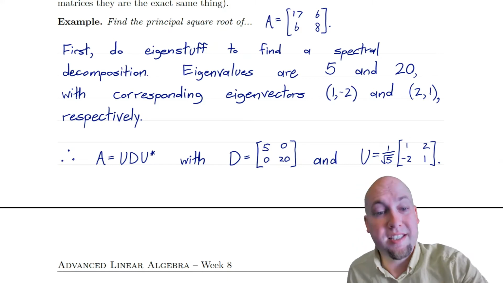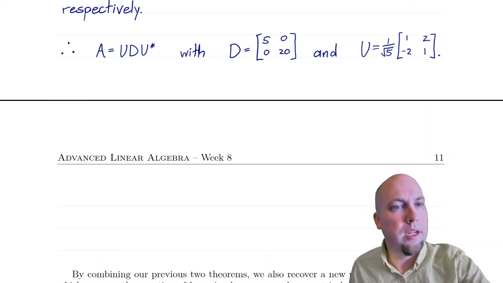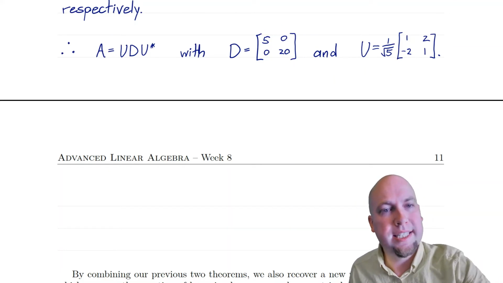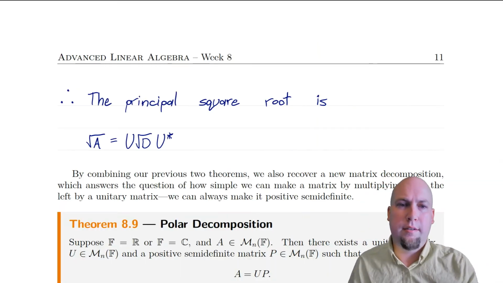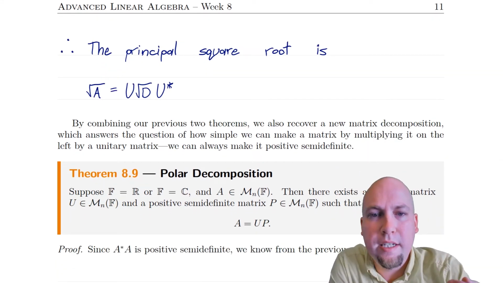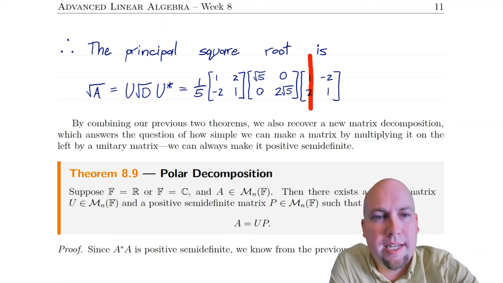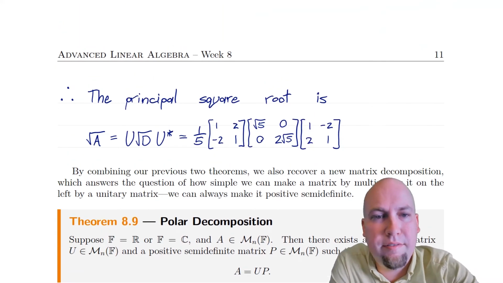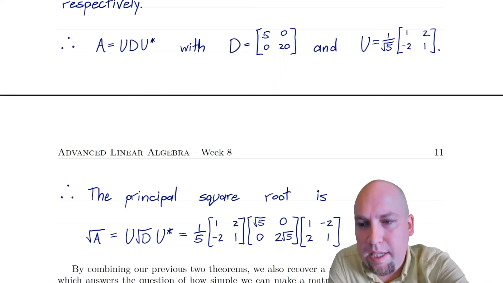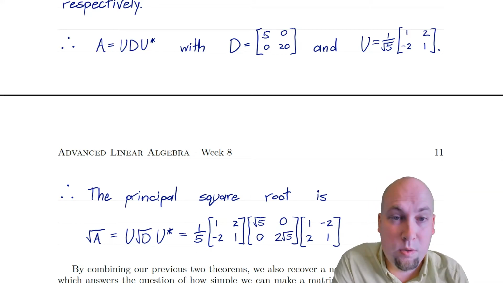Next, to find the square root of A, you leave U alone and you take square roots of the diagonal entries in D. So the square root of A is just U root D U star. I leave U on the left alone, and I leave U star on the right alone, and I've pulled the two 1 over root 5s out in front as a 1 over 5.